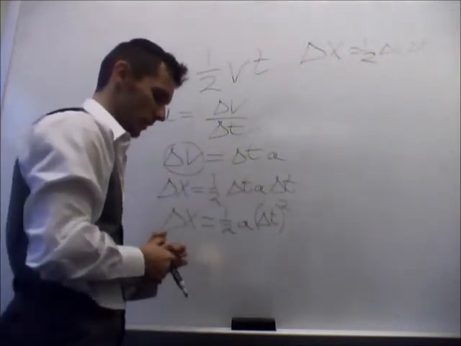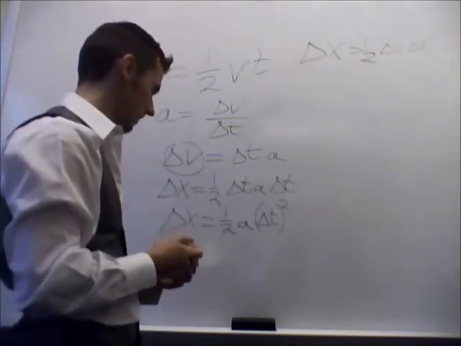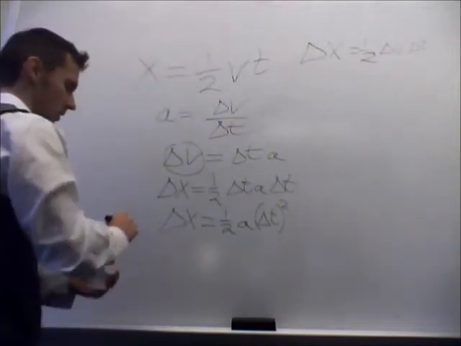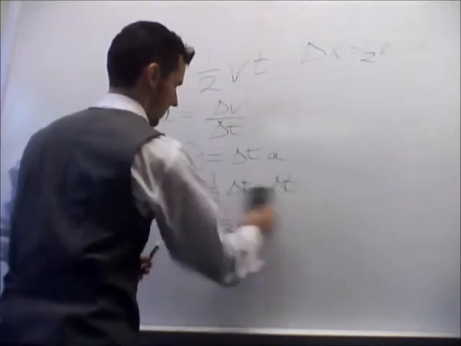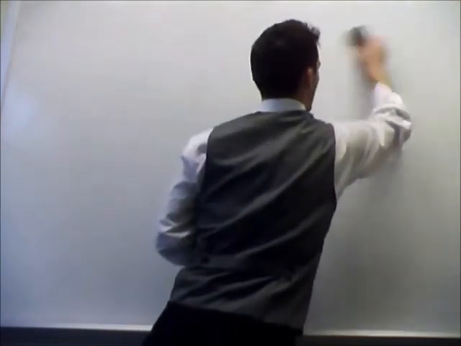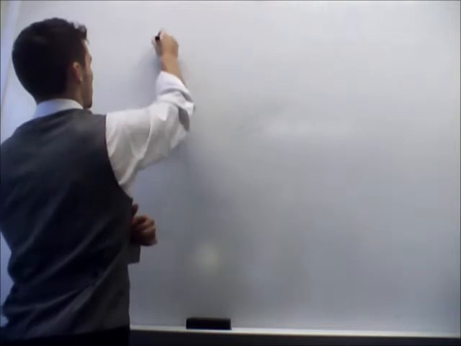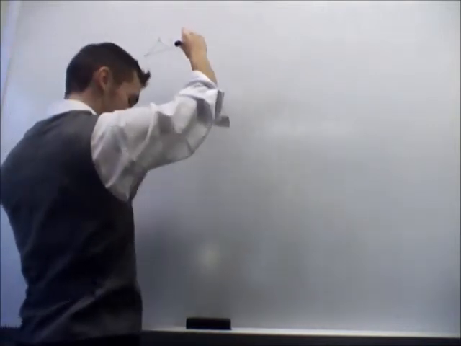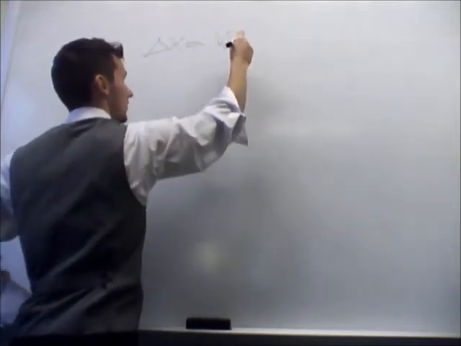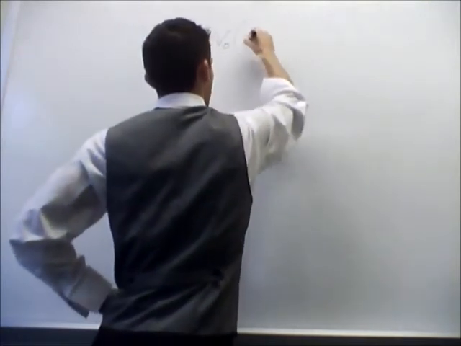Now, if we want to throw in some kind of velocity, we could do that. What we're going to do here is look at change in x equals starting velocity multiplied by change in t.